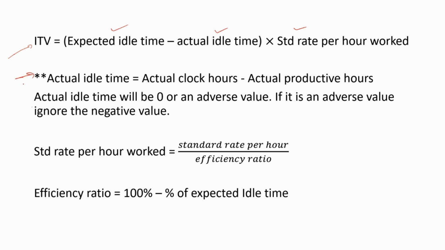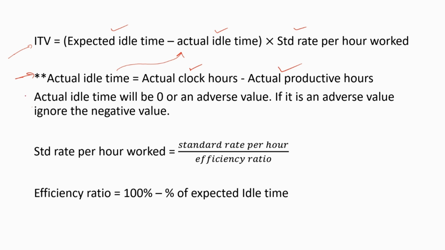This point here is very important when it comes to expected idle time variance. Actual idle time can be calculated by using the difference between the actual clock hours and the actual productive hours, because we use this amount to calculate the regular idle time variance. As you can see, the actual idle time value is here.